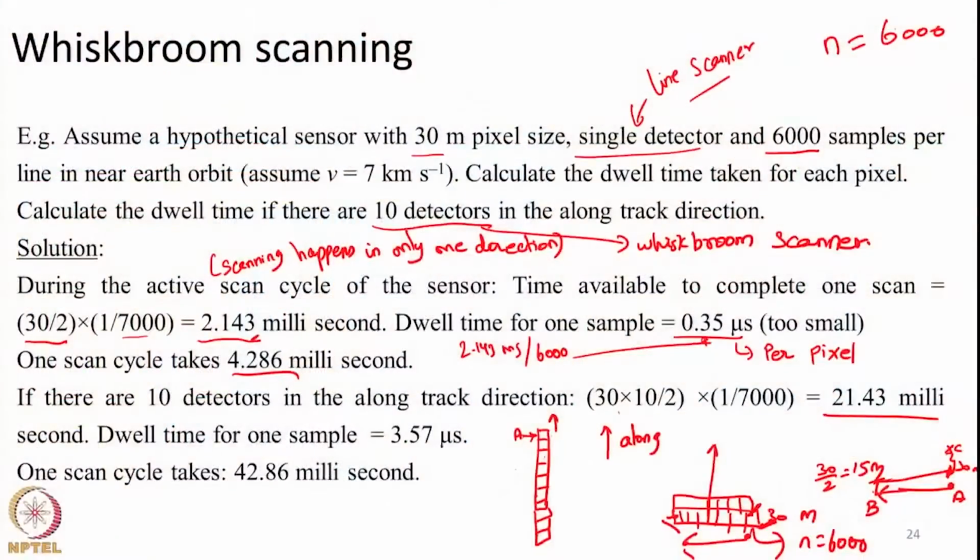That is the idea. A same ground point can be imaged by different detectors as the satellite moves in the along track direction. That is how whisk-broom scanning works conceptually. So, if we consider 10 detectors in the whisk-broom direction, then the time available for one active scan line is 21.43 milliseconds, 10 times more than our line scanner case, and hence the time available for one sample is 3.57 microseconds, which is higher than 0.35 microseconds, 10 times higher.